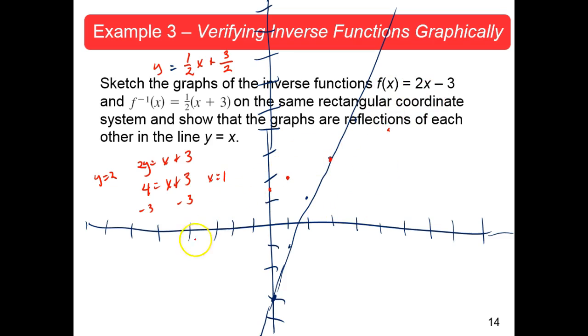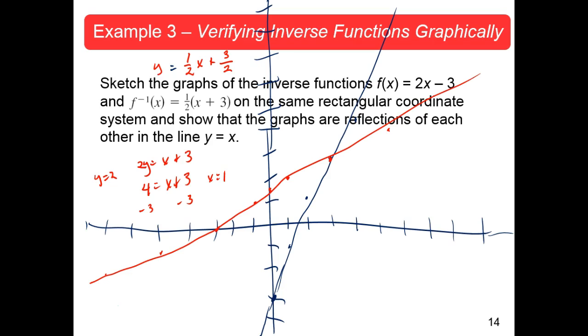We'll also go down 1 for every 2 to the left. You see what's going on here. So basically you get a straight line that goes something like that.